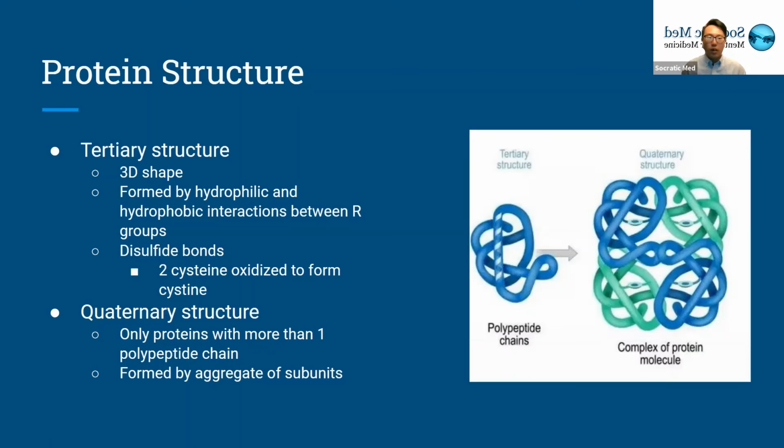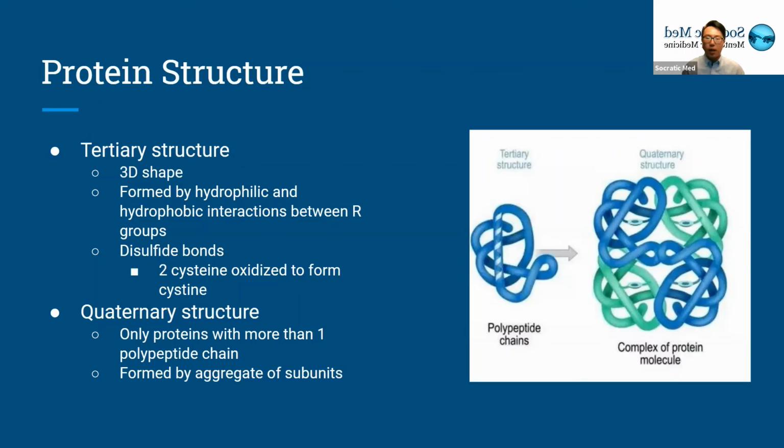And then another thing that adds to the 3D shape are disulfide bonds or disulfide bridges. This is when two cysteines are oxidized to form cystine.